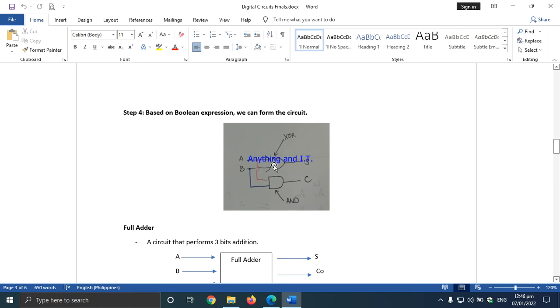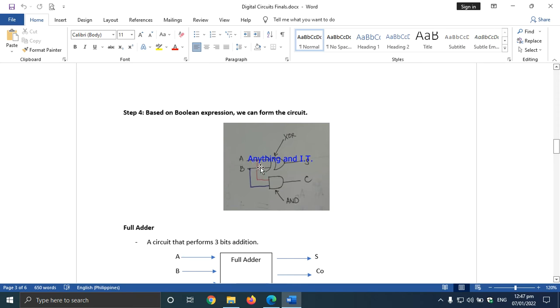And since carry is equal to AB, so A times B, we will use an AND gate, because for multiplication, we use the AND gate. So, by drawing it, this is the equivalent circuit of our half adder. A XOR B is equal to S, and A times B is equal to C.